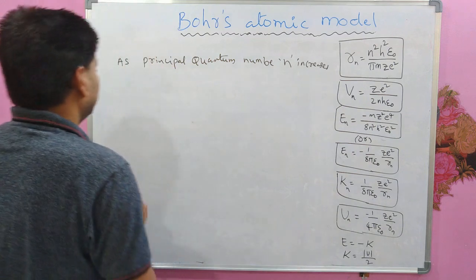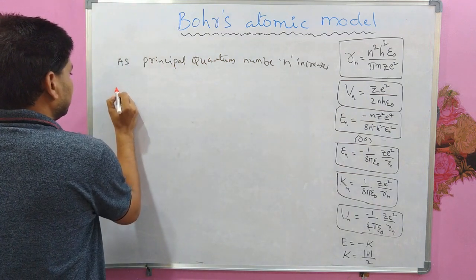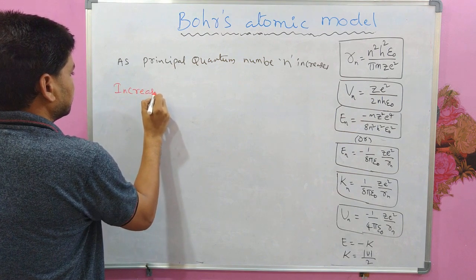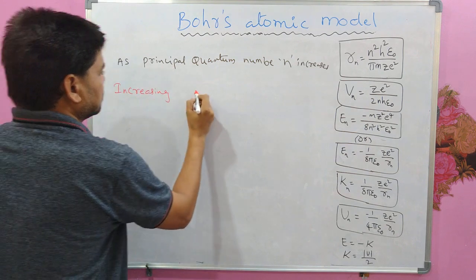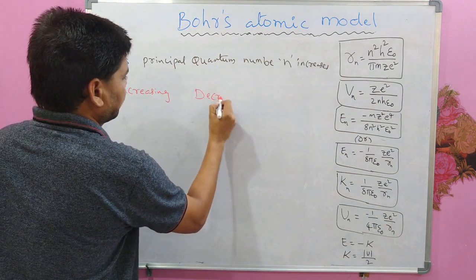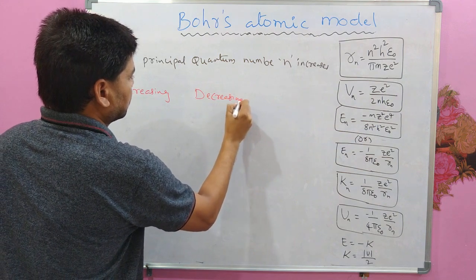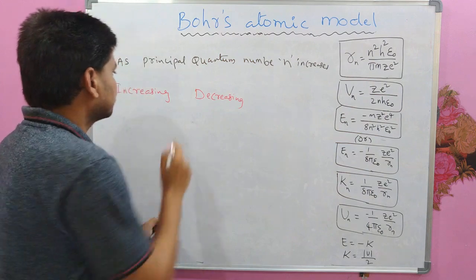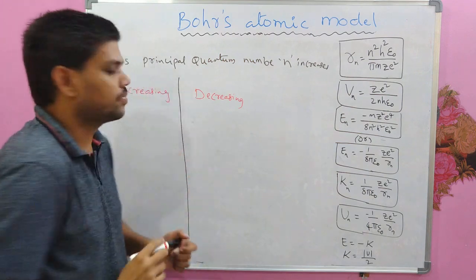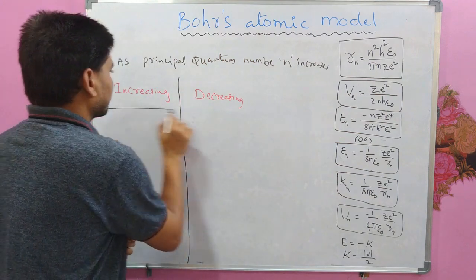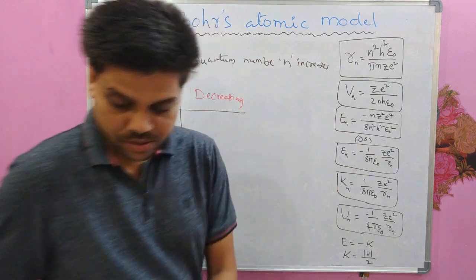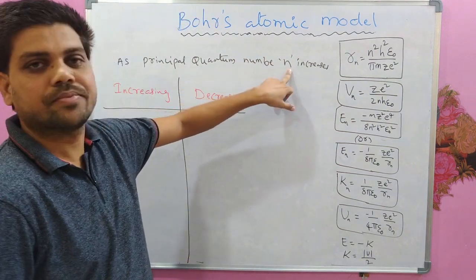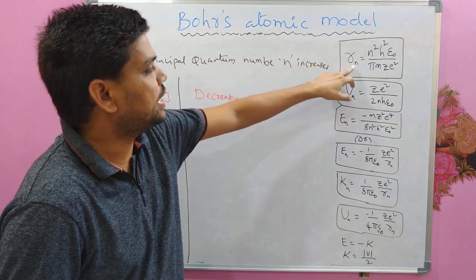We will see which are increasing and which are decreasing. Okay. Now if n is increased, what happens to the radius of the orbit?